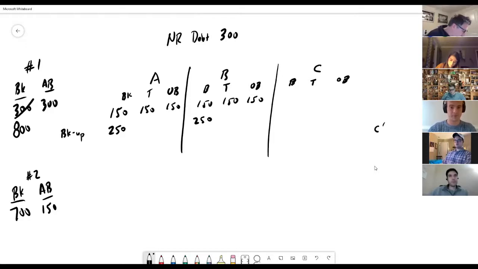So C's contribution, book capital account goes up by the net value of property contributed, 700 less 300, so that's 400. C's tax capital account goes up by the net basis contributed, 150 less 300, negative 150. C's outside basis starts with the carryover basis of 150. That's per section 722.